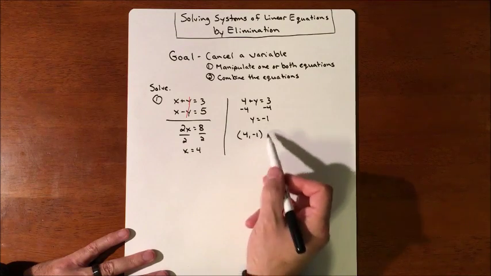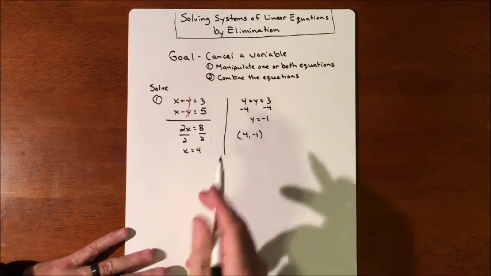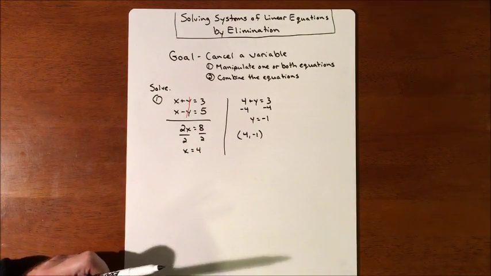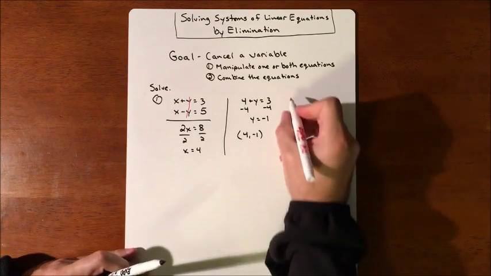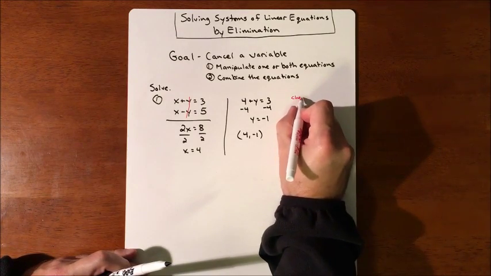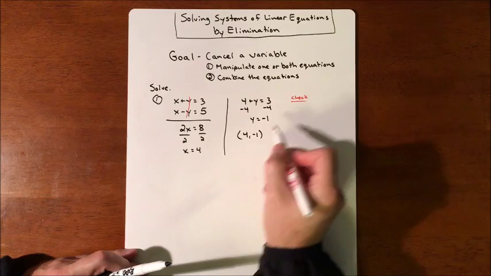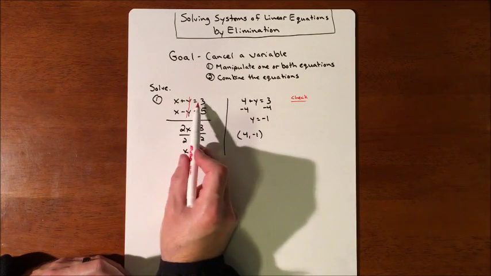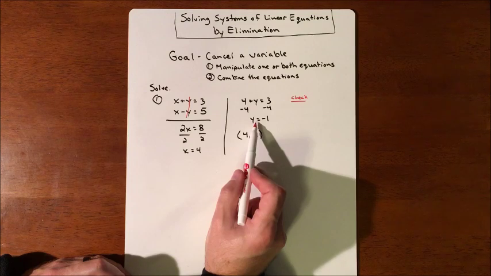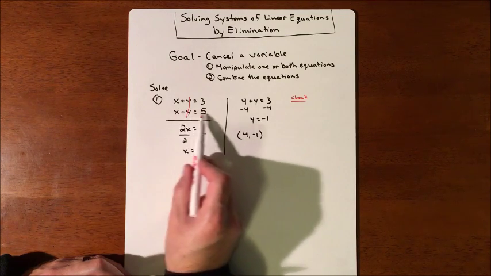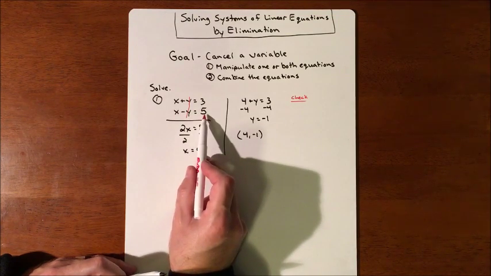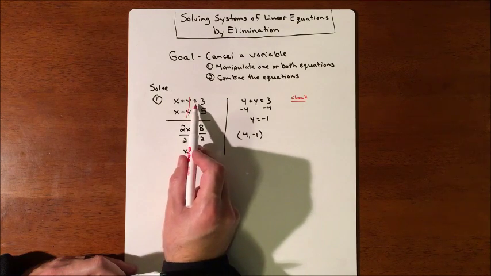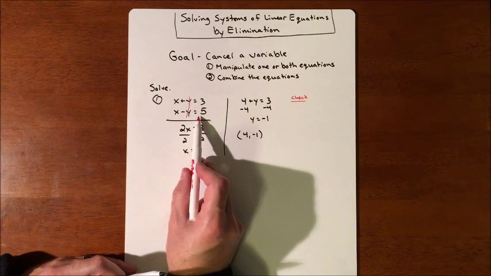So if you graph them, this is where they would cross. If you plug them into both, it should satisfy both equations. So we're going to verify that right now. So we're going to check it by taking this (4, -1). We just used this top equation to find our y value, so we really need to verify that it works for the other equation that we just didn't use.